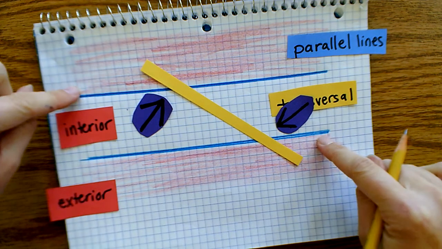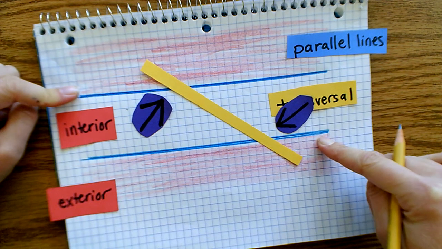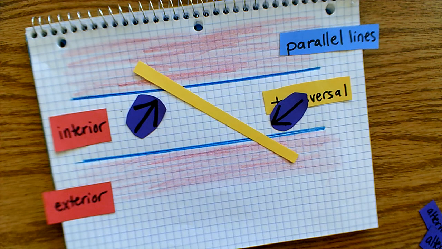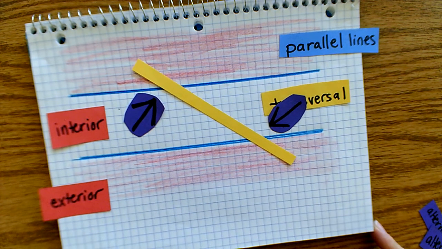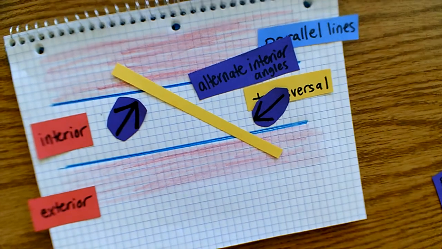Well, they each have a side that's part of a different parallel line, so we're going to say opposite. Are they on the same side of the transversal or are they on opposite sides of the transversal? They are on alternate. So this is another pair of alternate interior angles.